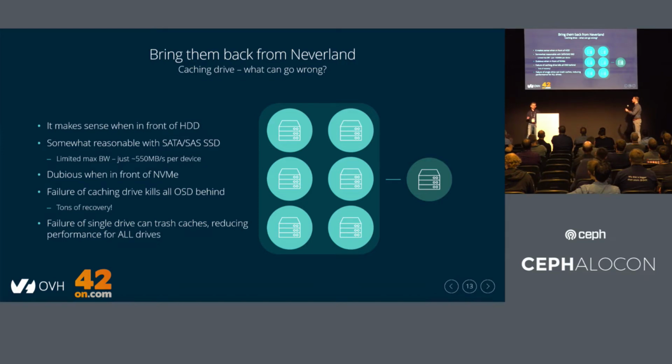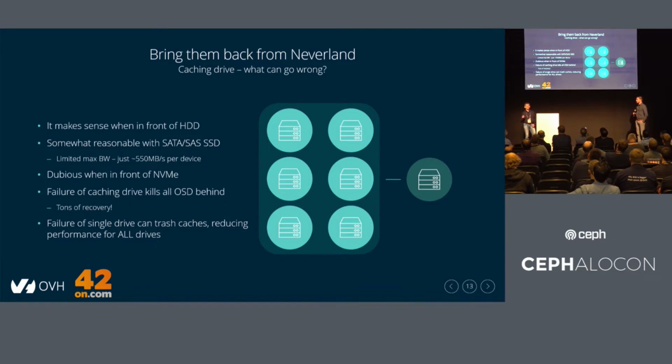And why shouldn't you put a caching drive in front of NVMe drives? Because NVMe drives are very fast already, and Ceph at this point, we are hoping it will be fixed in future, can't utilize NVMe drives to their fullest. I think even QLC drives are not easily beaten by Ceph.